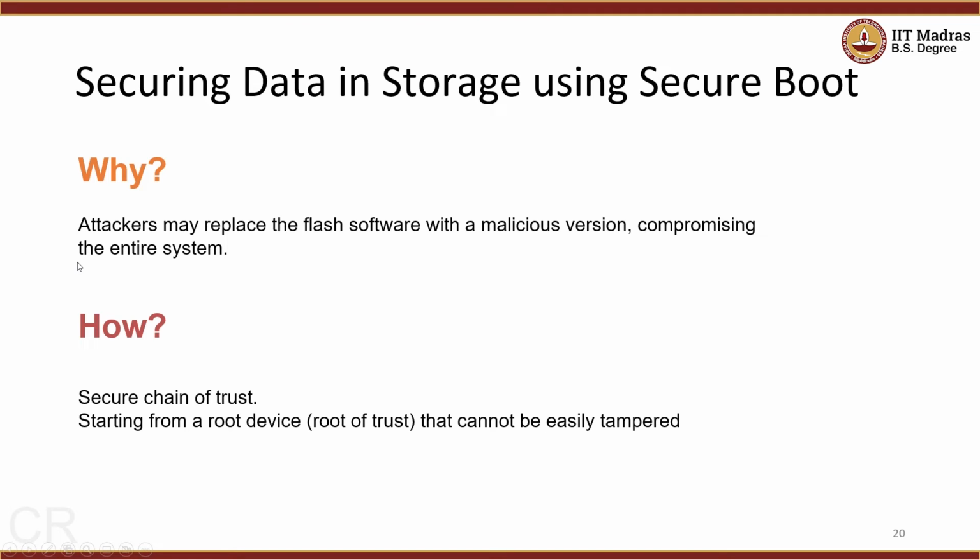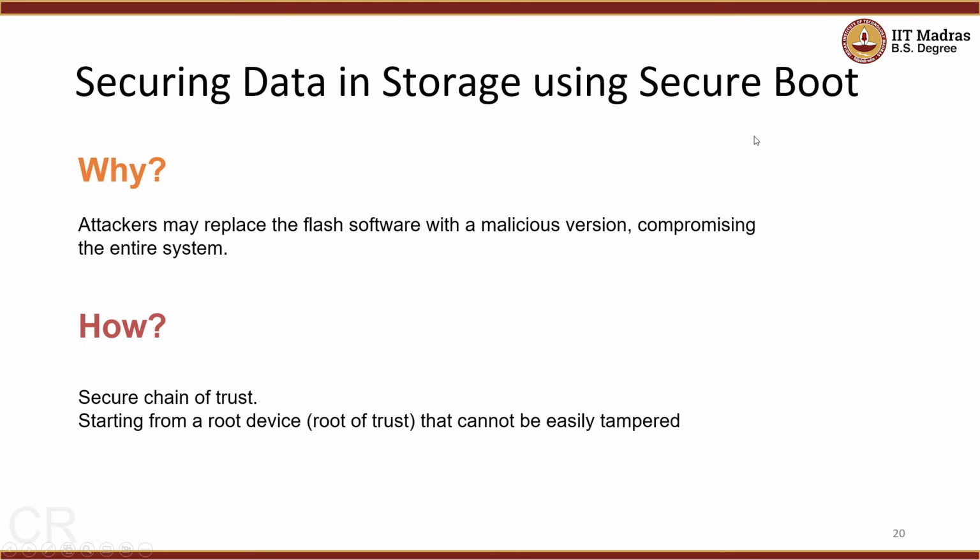So just to summarize what we have discussed so far, why do we need secure boot? It is because the attackers may replace or tamper with the software or the operating system that is stored in, say, your flash memory or your hard disk, and this tampered data, when it executes, would automatically be compromised, right?